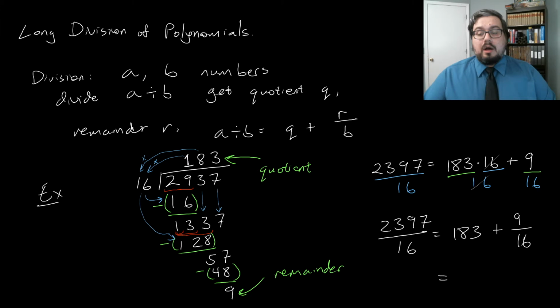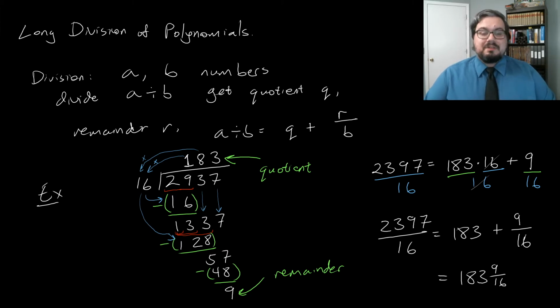And we often in elementary school would write this as 183 and 9/16 as a mixed fraction, but mixed fractions are not useful for algebra, so we've dropped them. But this is the idea.